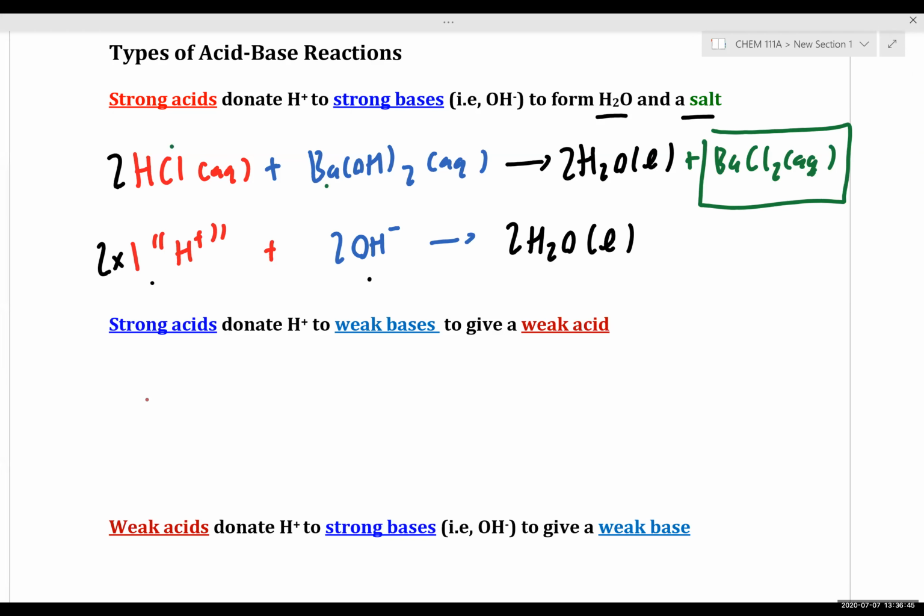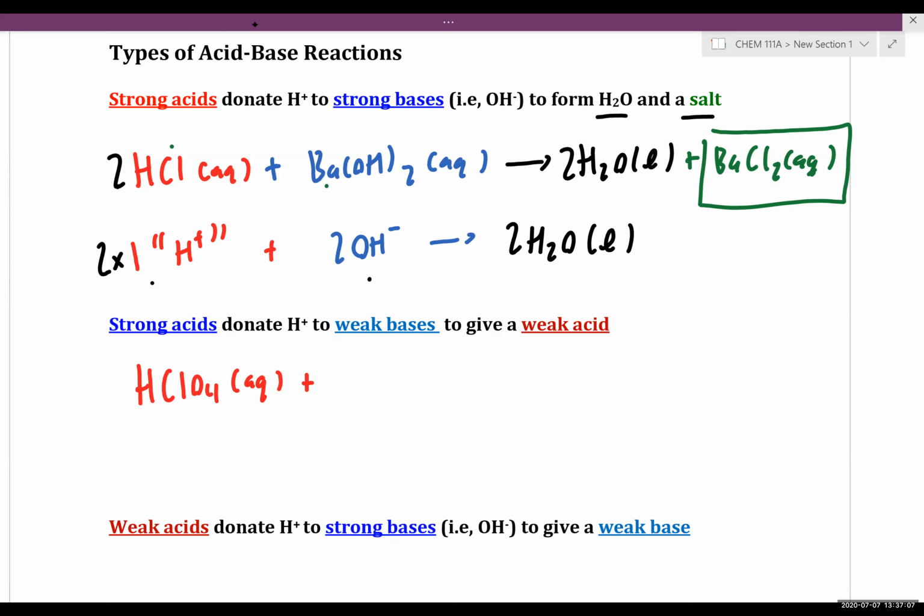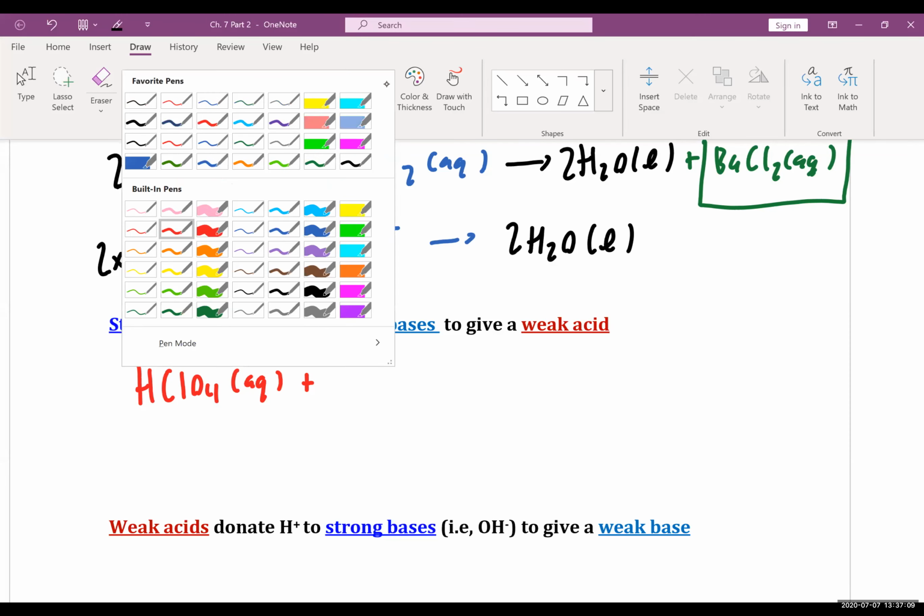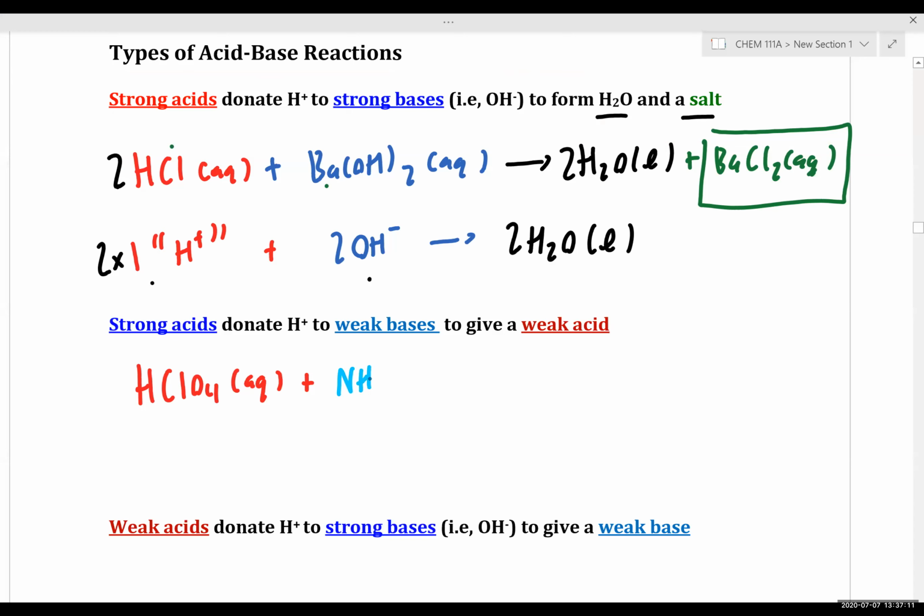What's another example of a strong acid? Sure, perchloric acid, okay. So perchloric acid, aqueous, a strong acid, will react with a weak base, such as, for example, ammonia.